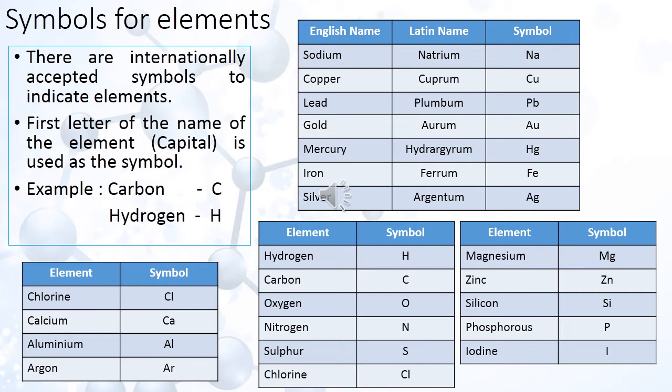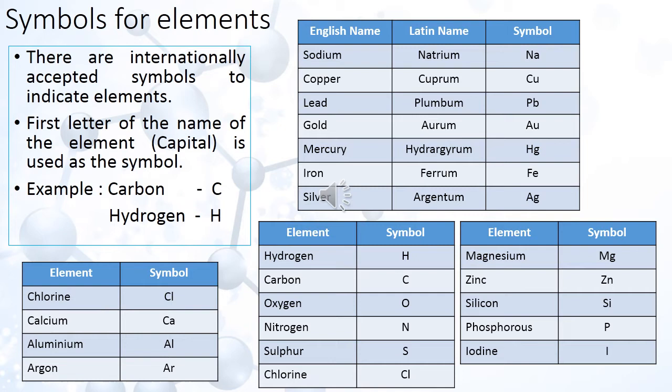Now see this table. Sodium, copper, lead, gold, mercury, iron, silver. All these elements are given symbols with their Latin names.